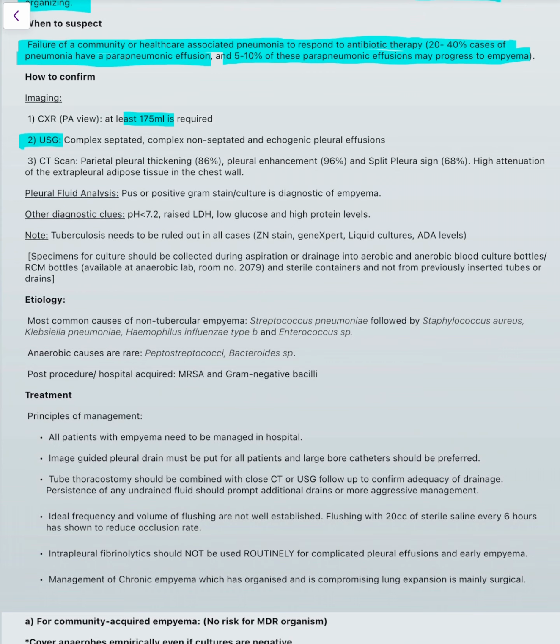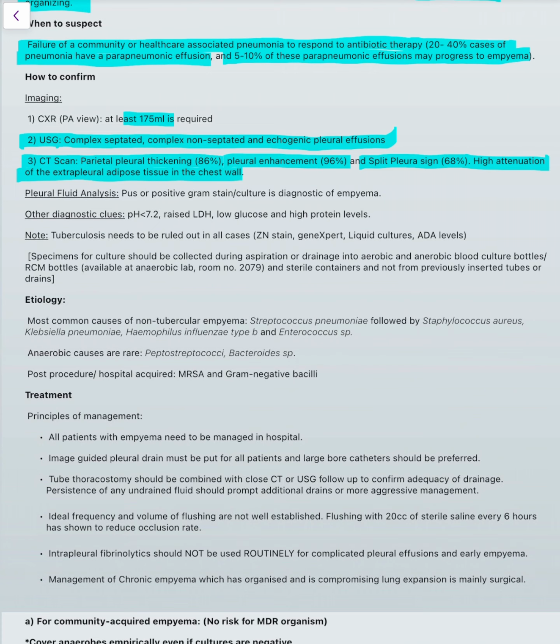Okay, you can check for complex septated, complex non-septated, and echogenic pleural effusions. If the septations are small, ultrasound will detect that. CT scan, right? It will show parietal pleural thickening 86% of the time, pleural enhancement, and the split pleura sign in 68% of cases, and high attenuation of extrapleural adipose tissue in the chest wall.